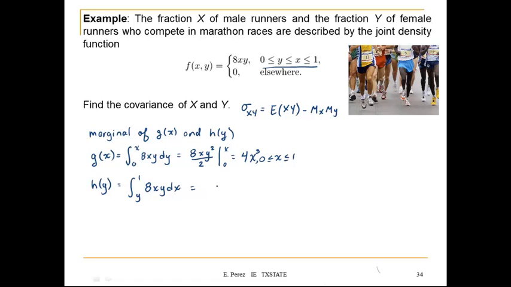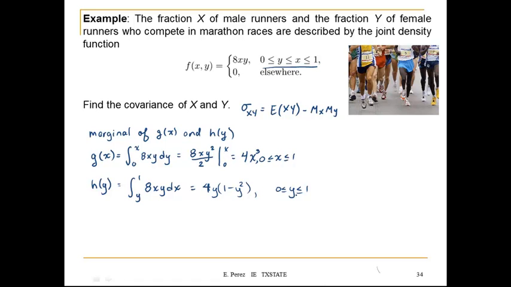This should be equal to 4y times (1 minus y squared), for y between 0 and 1. So now we have the marginals for x and y.